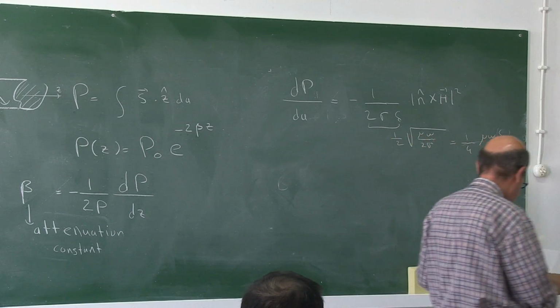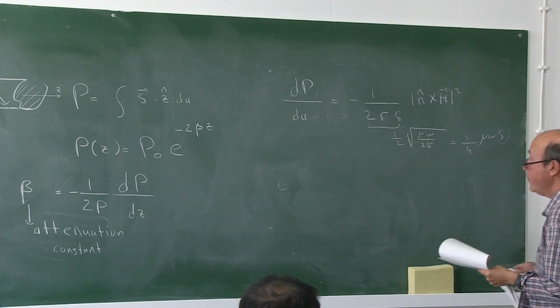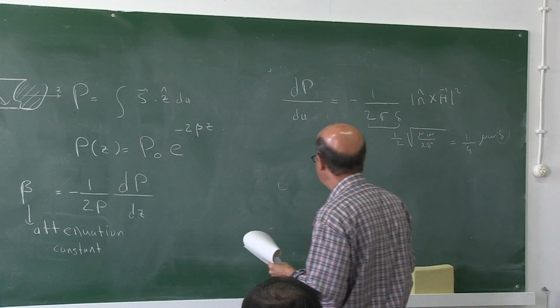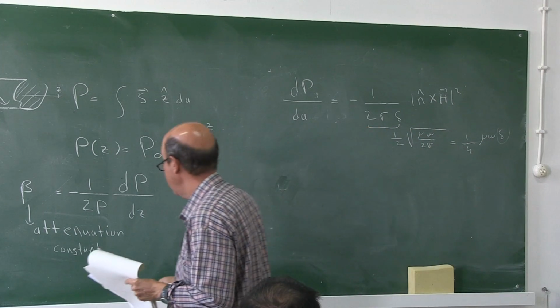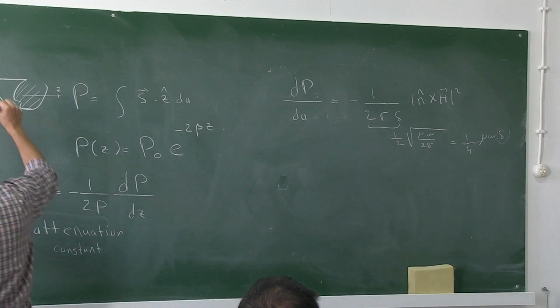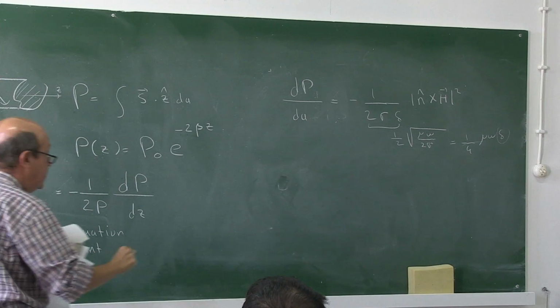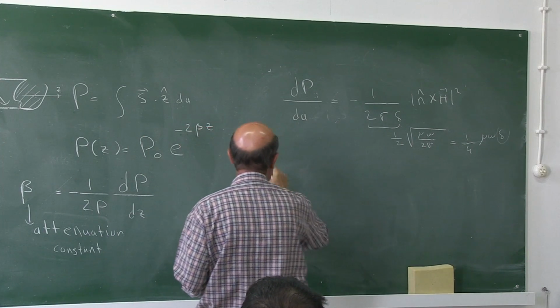So basically, we can calculate the power loss per length using this. How can we calculate it?